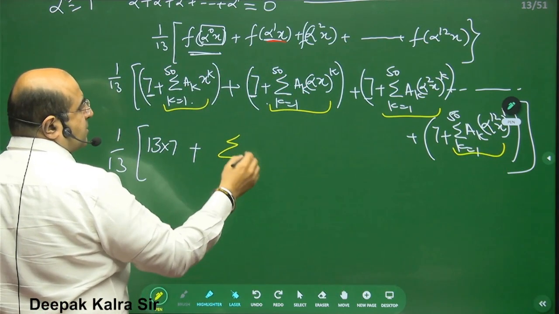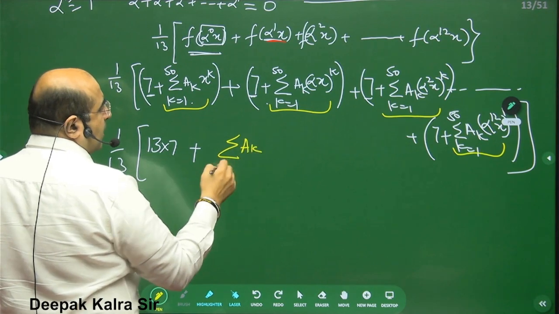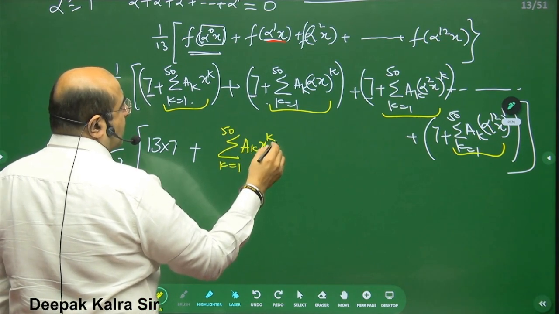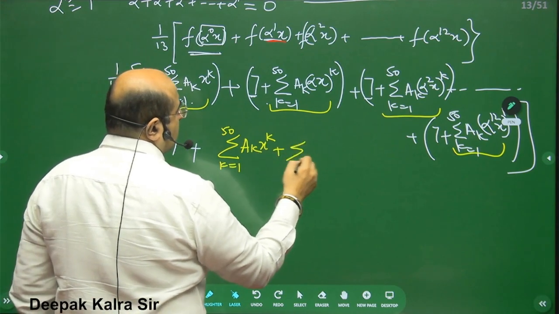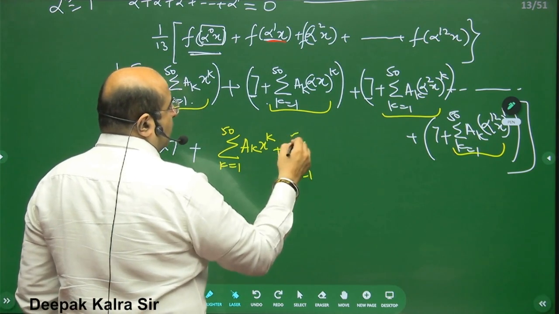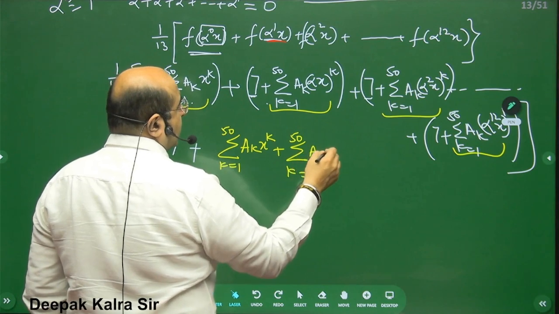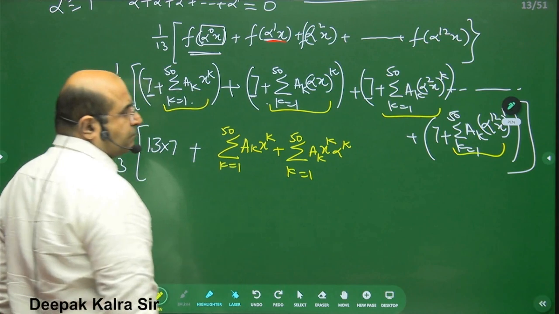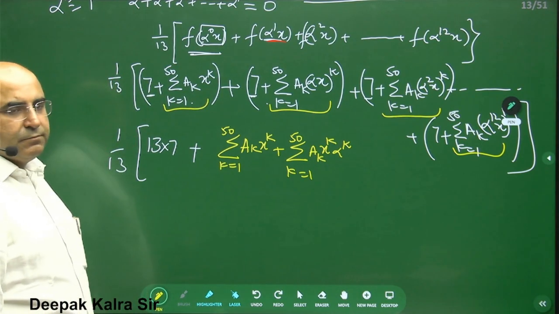I'll get sigma a_k, k equals 1 to 50, x bar k, plus sigma k equals 1 to 50 a_k x bar k alpha bar k. Right?